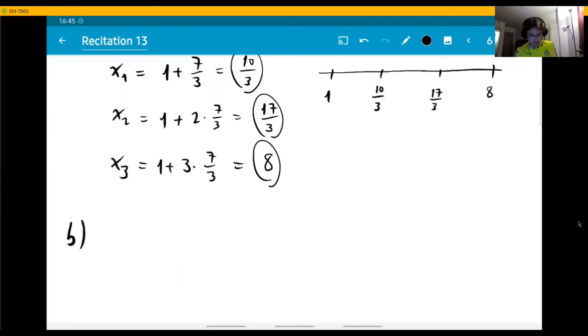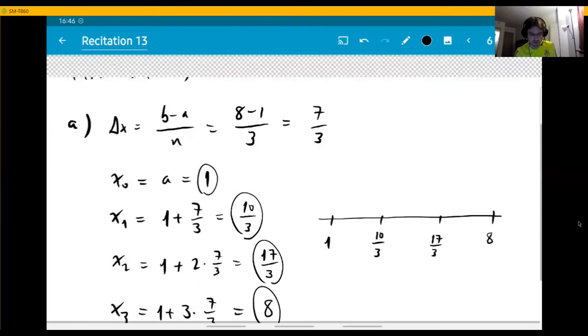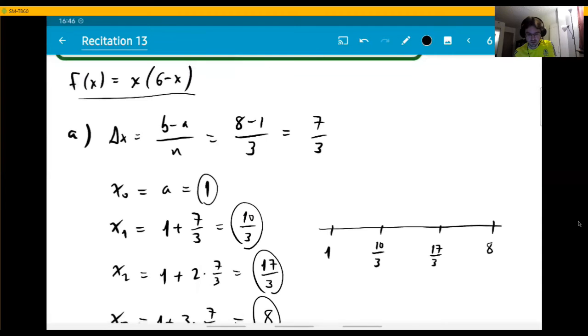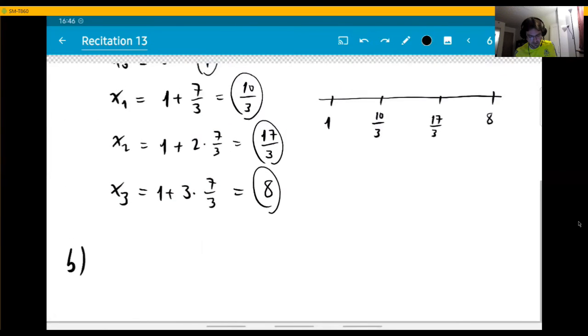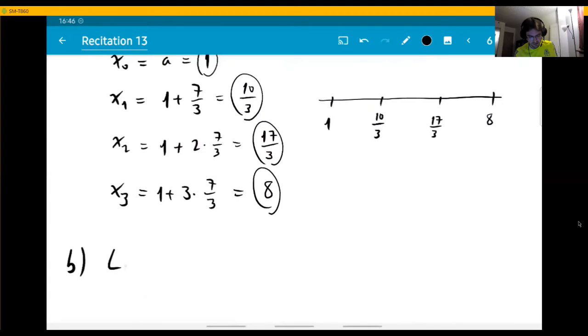So what you have to do, I copied down the function up here so we can remember it, x times 6 minus x. The left sum, I think the book probably uses this type of notation when the sum is regular, L for left, 3 for the number of pieces, but we can just keep saying left sum. How does that work?